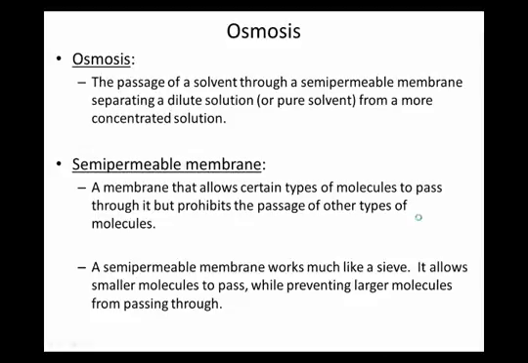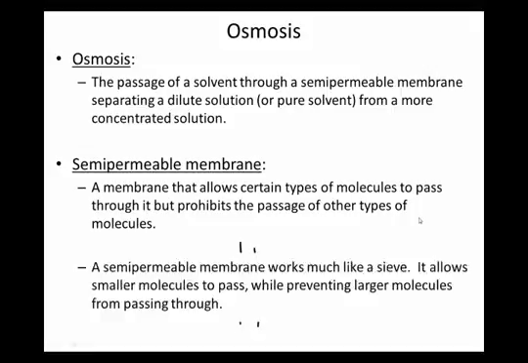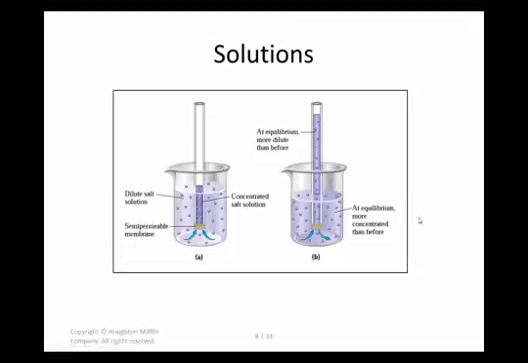We'll talk about other types of semi-permeable membranes in a little bit, but right now the membrane allows solvent, and solutes are blocked. They can't get through, okay? I'm going to come back to this image in a moment. So, let's talk about osmosis.